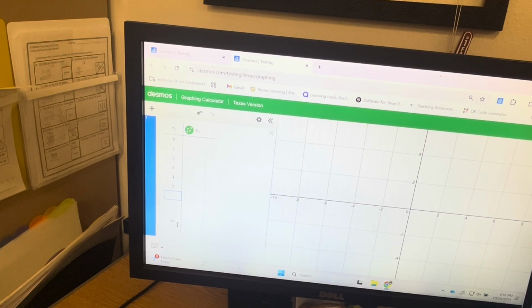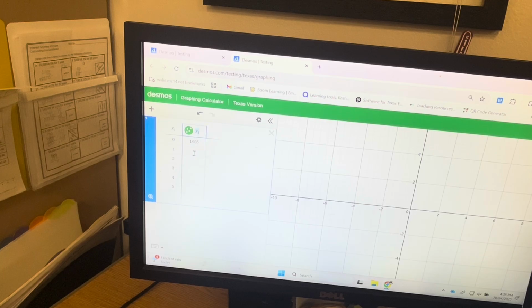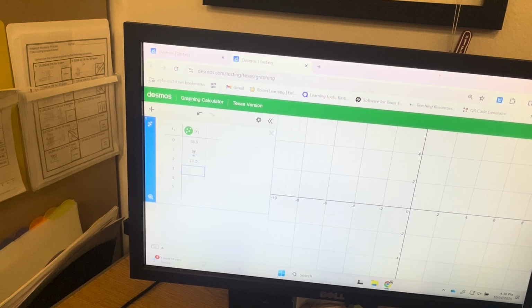Make sure if you have any extra values to delete them. All right, then I have my Y's, which would be 16.5, 17, 17.5, 19, 20, and 20.5.